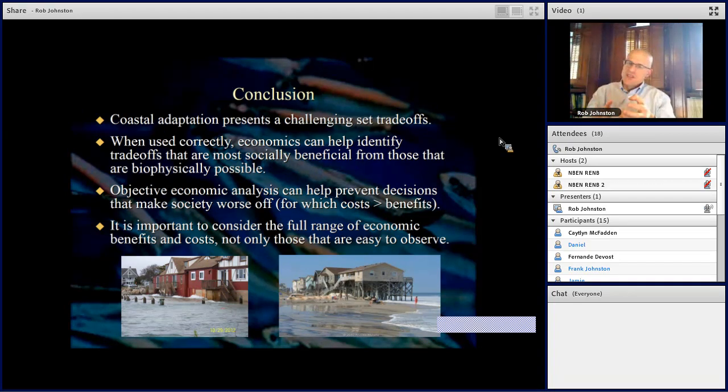But one of them is deciding for which ones the net benefits are greatest, for which one will provide the greatest economic benefit to society, right? And again, that's very frequently not related to the option that will generate the most economic activity.